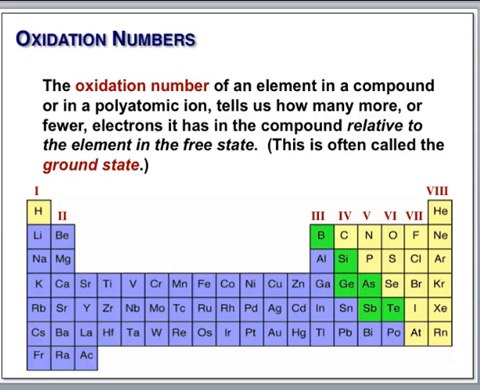So we're going to compare the element in the compound with the element in our periodic table. That's all we do. We decide if it has more electrons than it does here, or fewer electrons, and that'll make it plus or minus.